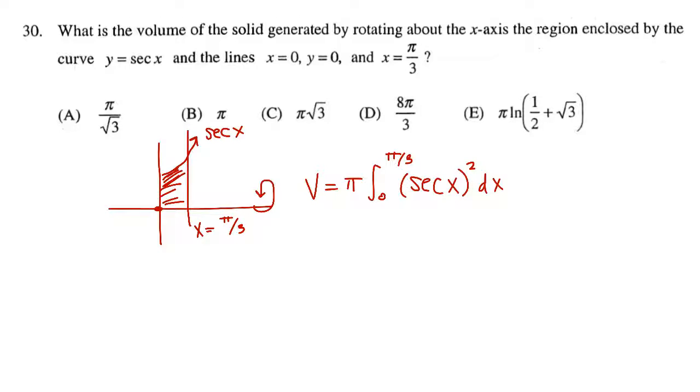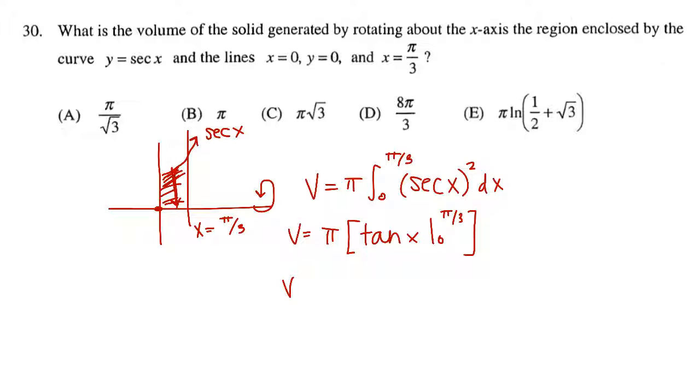And again, we're able just to jump straight to our big radius squared simply because we are flush on our axis of rotation. So that means our volume is pi times, if we integrate secant squared, we get tangent x, and we're going to evaluate this from 0 to pi over 3.